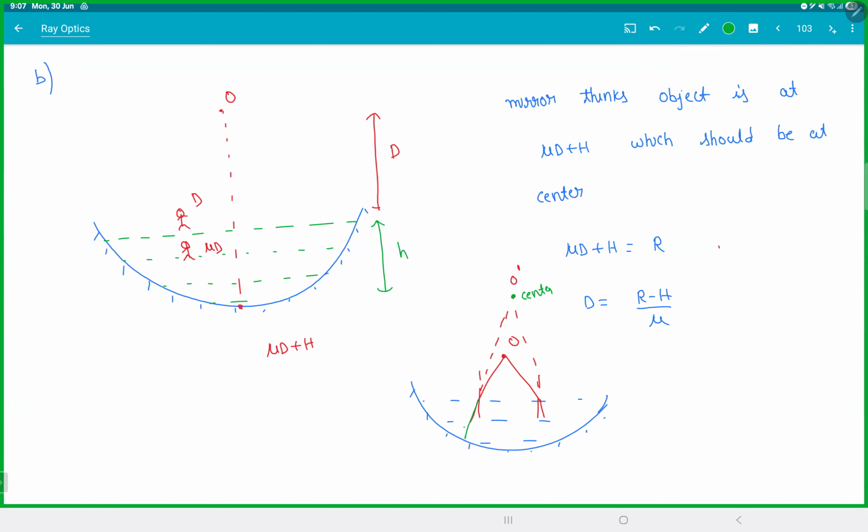So these rays will hit here, and they'll go back the same way they came. They retrace again and form the image at this place. Clear? That is the idea: whenever you hear that the final image is at the object, this is the idea there.